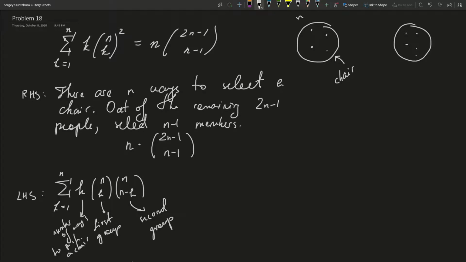So what is this counting? This is essentially saying select k people from the first group, n minus k from the second group. In other words, we just selected a committee of size n, and then from the k people that we had selected from the first group, pick a chair. And we have k ways to do that.